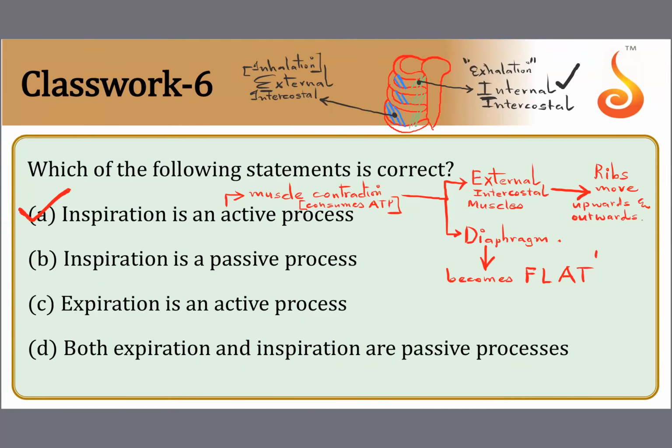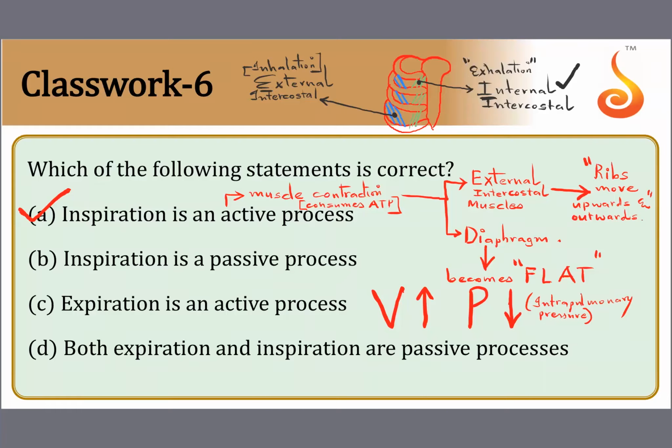So when your diaphragm becomes flat and when your ribs move upwards and outwards, the volume in your lung will increase and the pressure in your lung will fall. What do you call the pressure in your lungs? It is called intrapulmonary pressure. Obviously, the chest cavity will have more volume in it. So the lung is very free now.